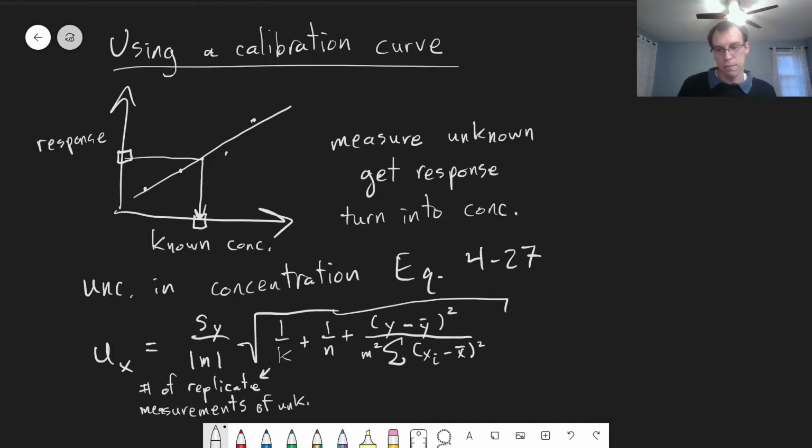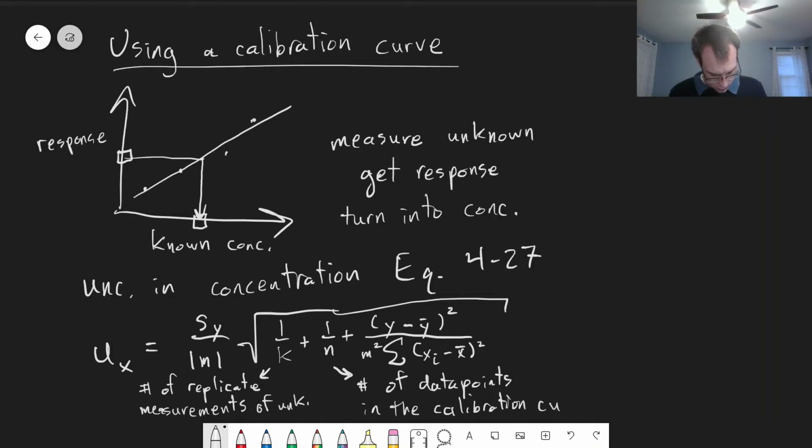Often this will just be 1, but sometimes you do get to measure it more than once. n here is the number of data points in the calibration curve. So in the example that I've drawn here, we have 4 points, so that n would be 4.